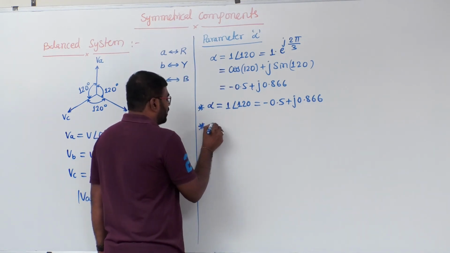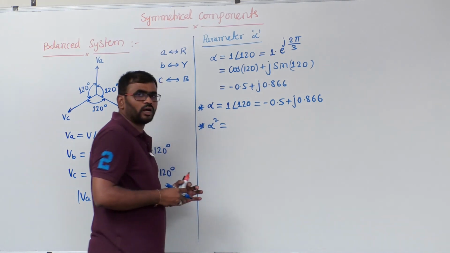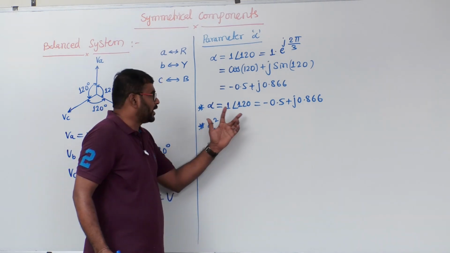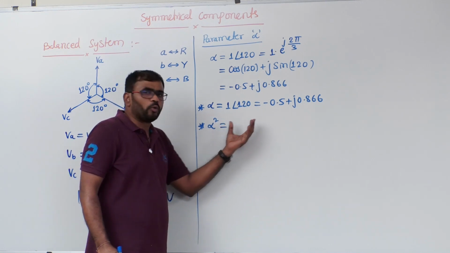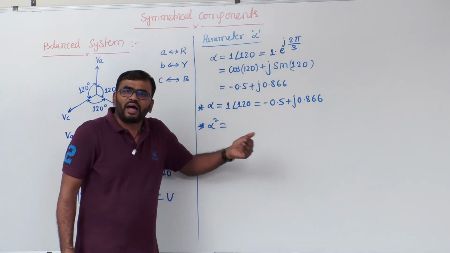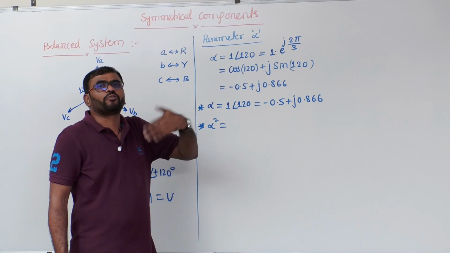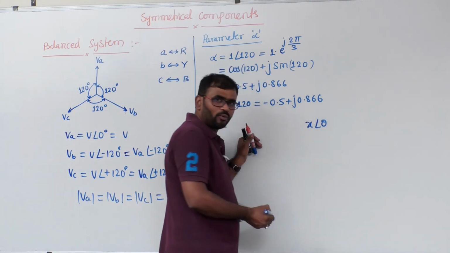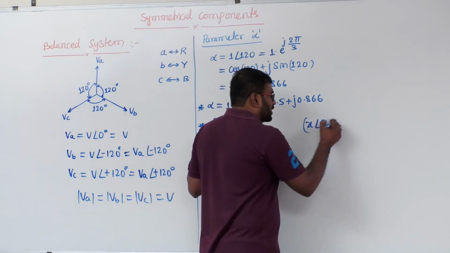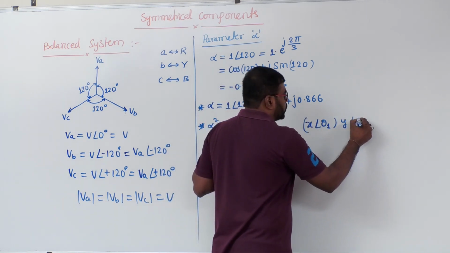Now what is alpha square? Alpha square means alpha into alpha: 1 at an angle 120 into 1 at an angle 120. If two polar numbers get multiplied, magnitudes are directly multiplied, but phase angles are added. What I mean to say is, x at an angle theta 1 multiplied with y at an angle theta 2.